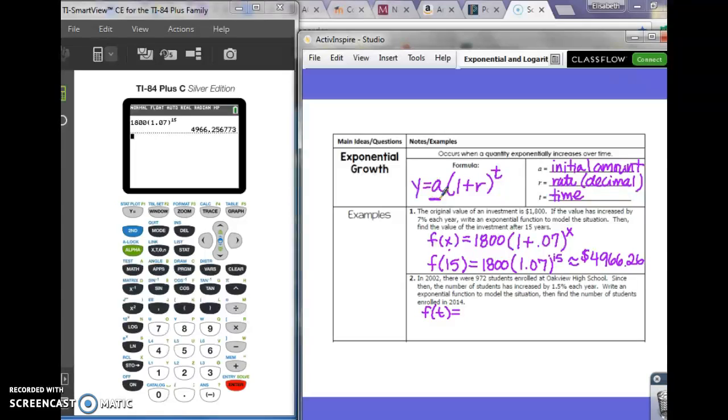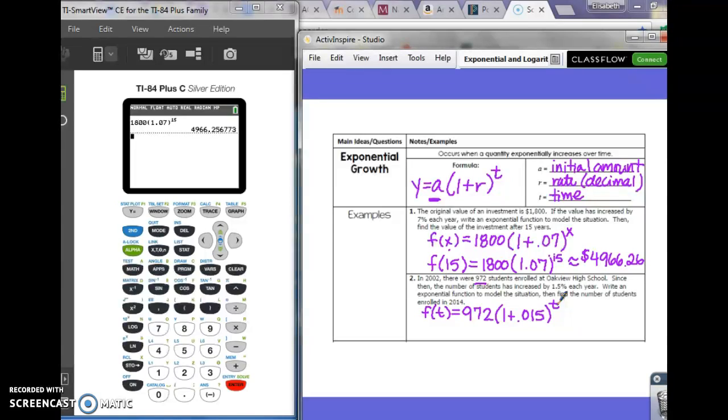And again, my initial value goes first. So in this case, that's students instead of money. So 972 students. In parentheses, I'll have 1 plus my rate, and that's 1.5%, so 0.015 raised to the t power.